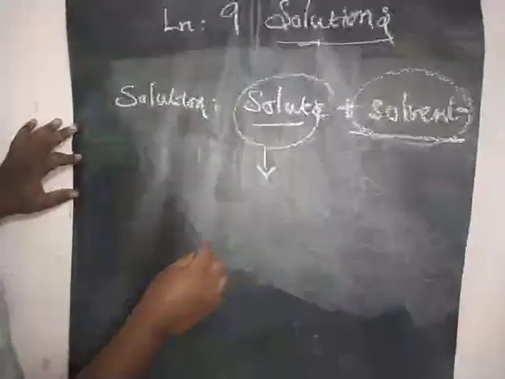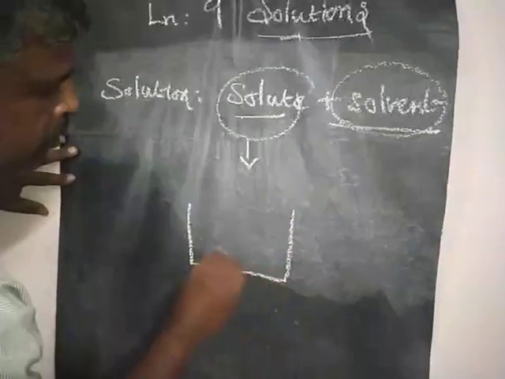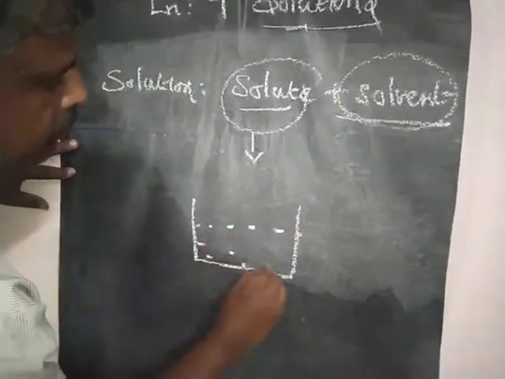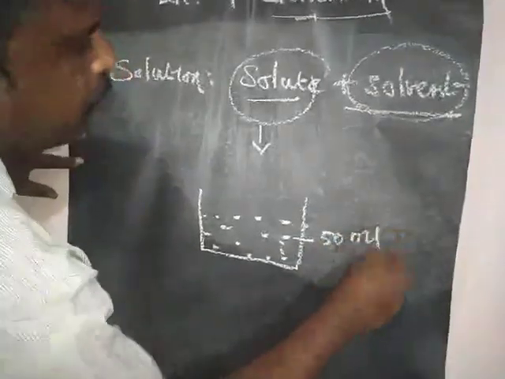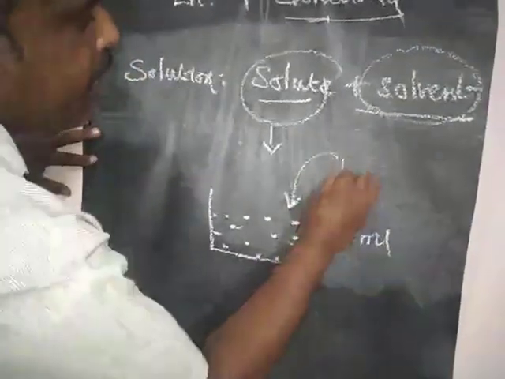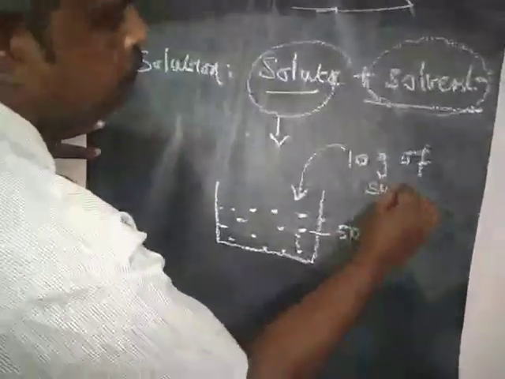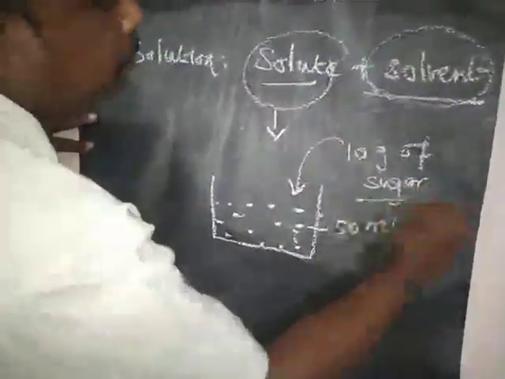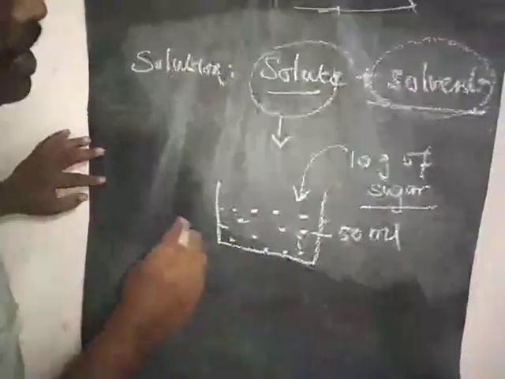Take a beaker filled with exactly 50 ml of water, and add 10 gram of sugar. What will happen? We get a solution.